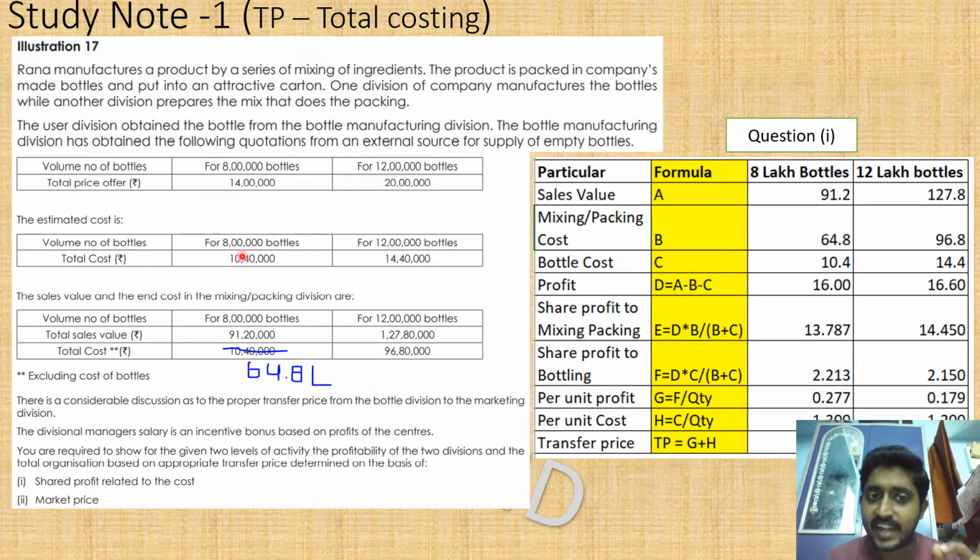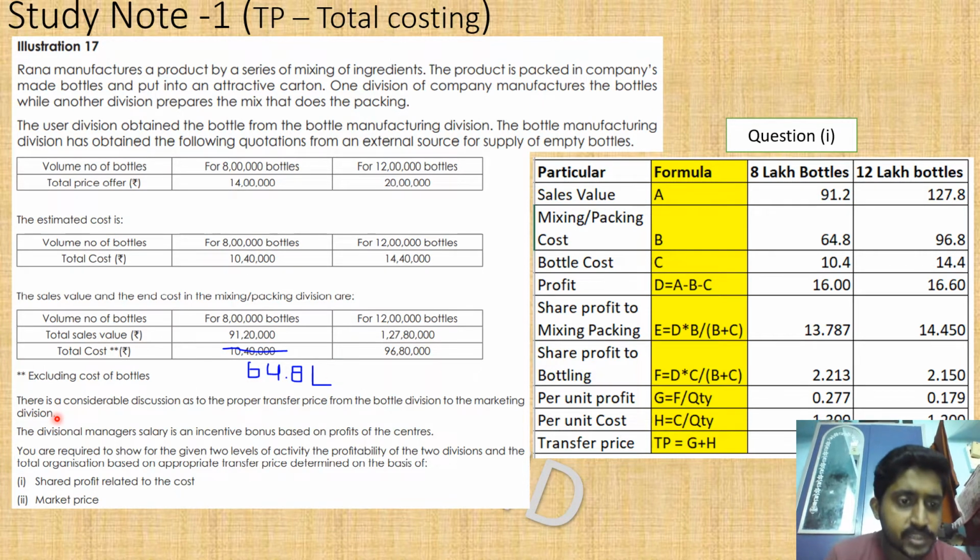Cost of bottles, 10.4 lakh and 14.4 lakh, is not included in the 64.8 and 96.8. So if you are going for the total end-to-end costing, you have to add 64.8 plus 10.4 for 8 lakh bottles, and for 12 lakh bottles it is 14.4 lakhs plus 96.8 lakhs.